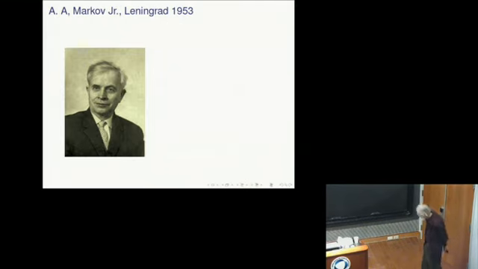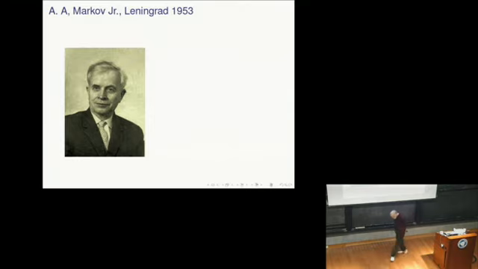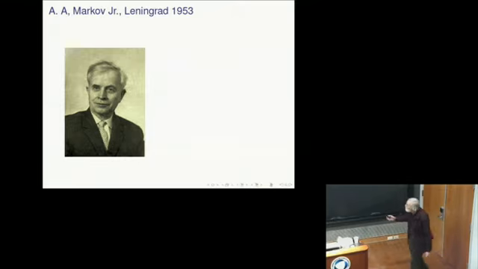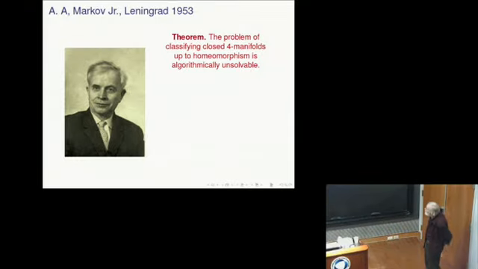Okay, back to Leningrad, where we live, but 50 years earlier than Perelman. Markov proved a rather devastating theorem. This is the son of the more famous Markov who invented Markov chains and so on.